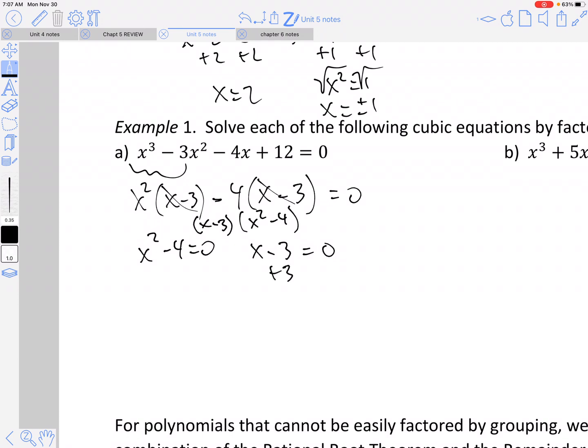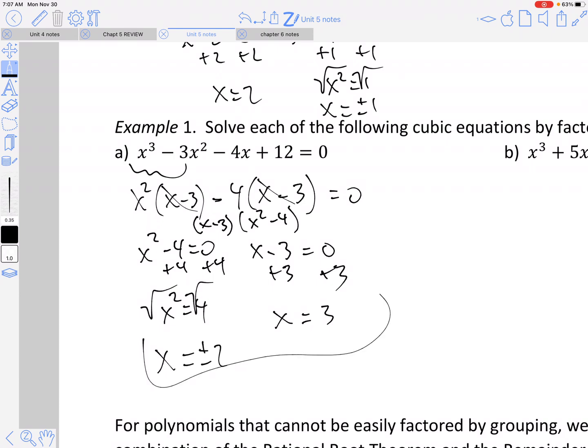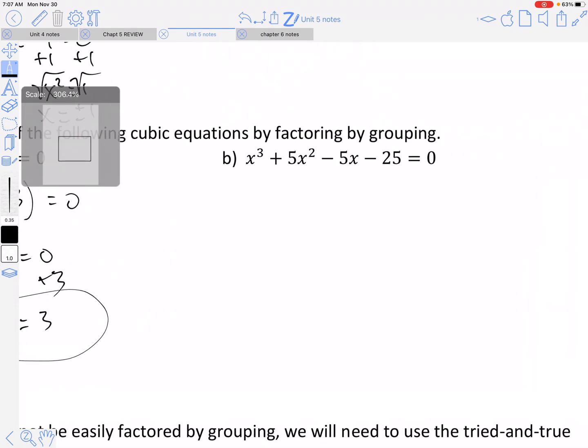Alright, so I'm adding 3, so you should have got x equals 3, and x squared equals 4. You take the square root of both sides, so x equals plus minus 2. There are the 3 roots that we're expecting to see.